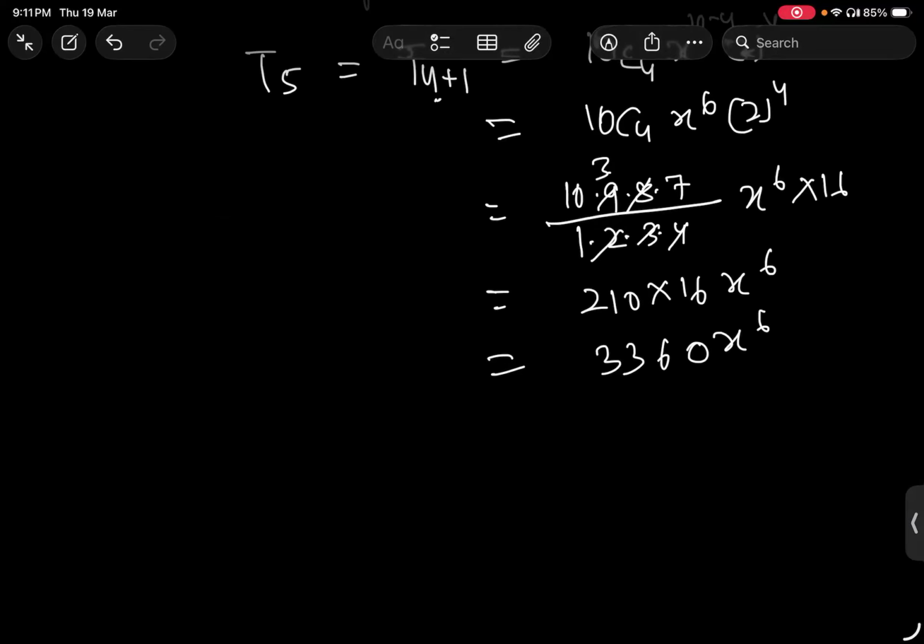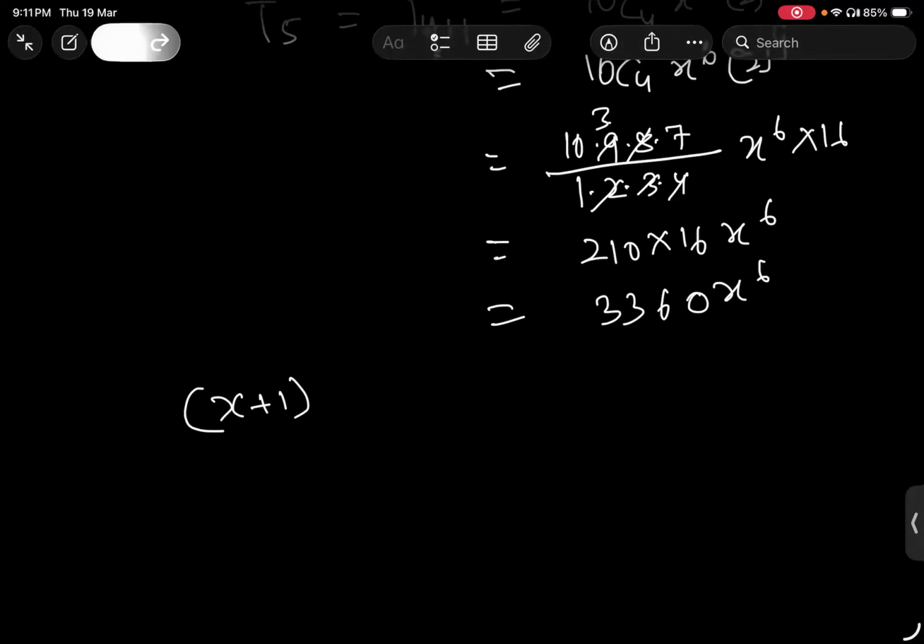So the general term is used when we have to find a specific term in the expansion. Suppose we have (x + 1) to the power 12, and we need to, let us take an example.